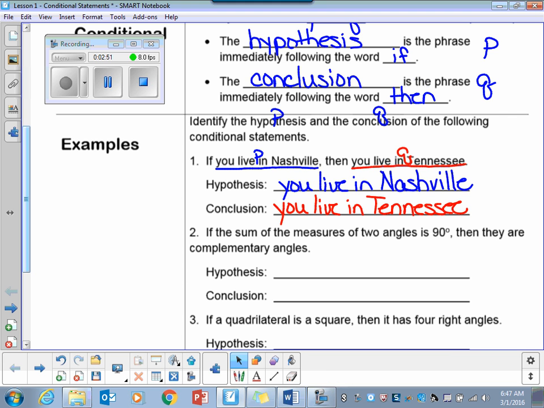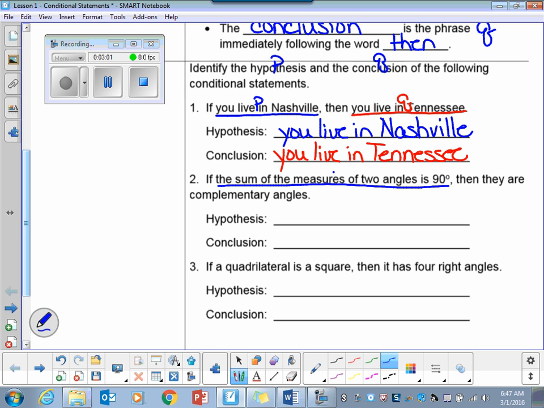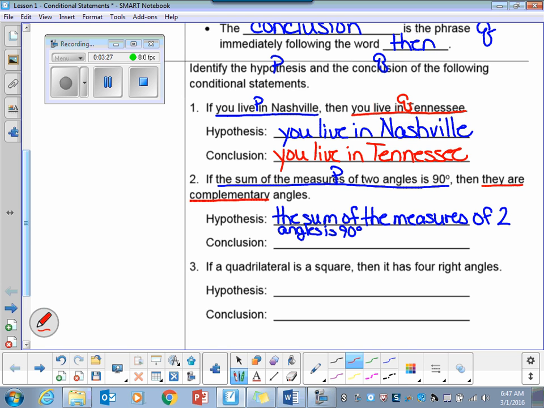All right, let's look at number 2. If the sum of the measures of two angles is 90 degrees, so if, that's our hypothesis, p, the sum of the measures of two angles is 90 degrees, then they are complementary angles.